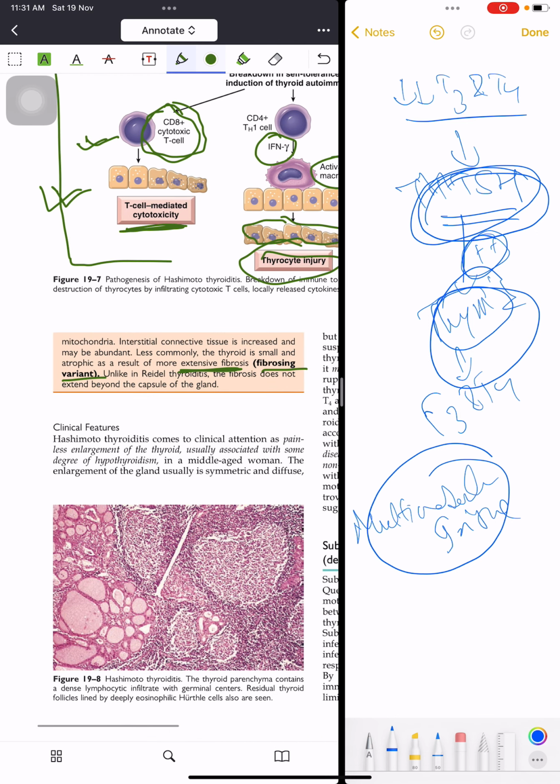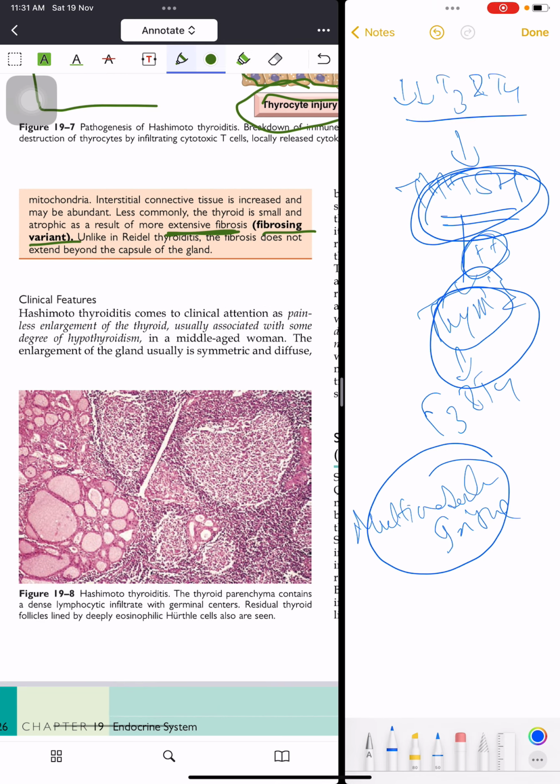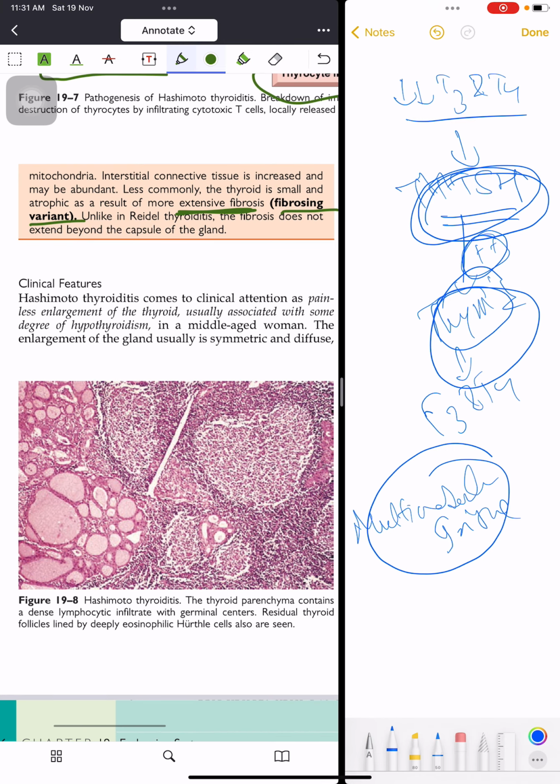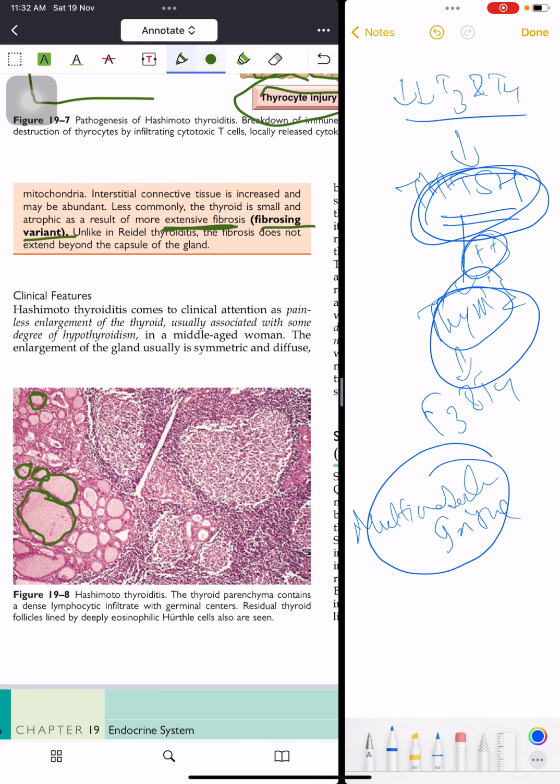Okay, let me just discuss this beautiful histology picture. You can see these are normal thyroid components, thyroid colloid. Over here you can see certain oxyphil cells, and this whole thyroid is being destroyed. See, it is a destructive thyroid component.